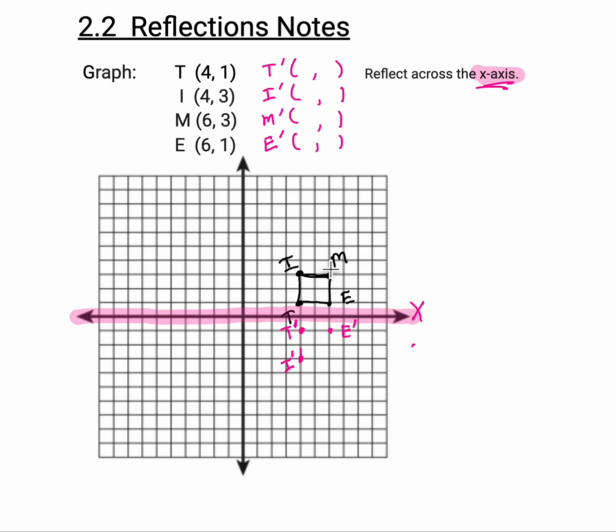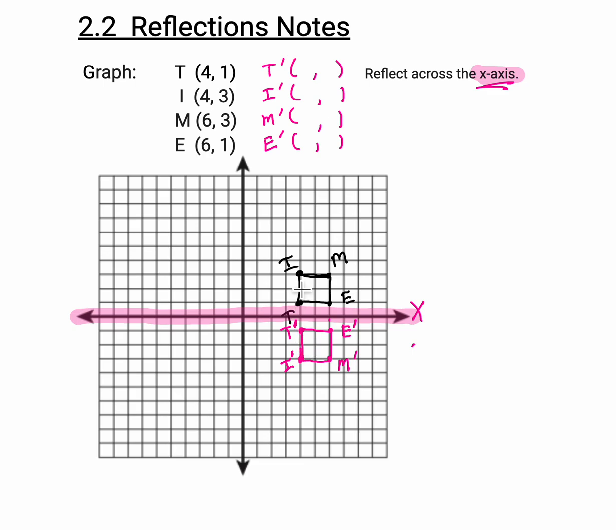M is 3 units away, so I'll count 3 units this way. Sometimes what I've seen students do is start at the M with the fold here, count 1, 2, 3, and then count 1, 2, 3, so it's going all the way to the other side. So M prime. And then this is our image.